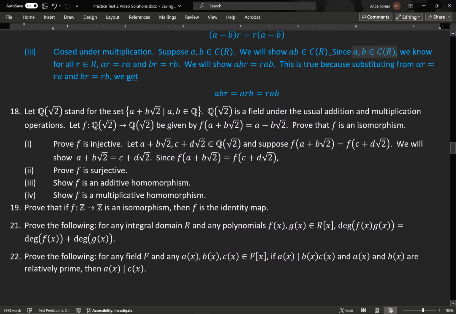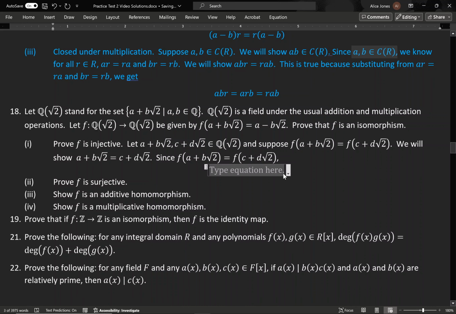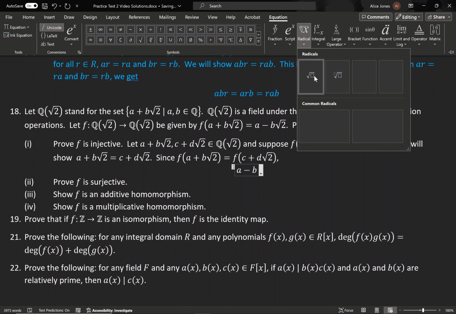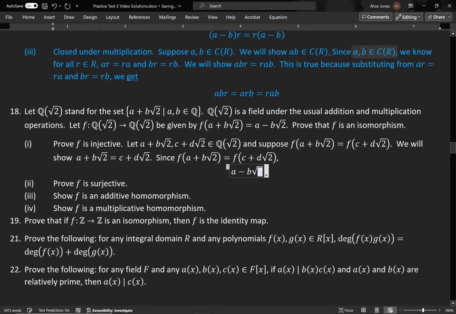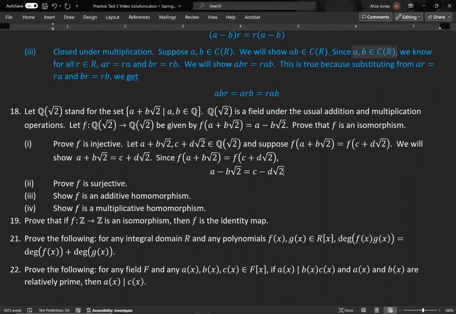So that tells us that f of a plus b square root of 2 is going to be a minus b square root of 2. And then f of c plus d square root of 2 is going to be c minus d square root of 2. All right, so we have to somehow use this to find that a plus b square root of 2 equals c plus d square root of 2.